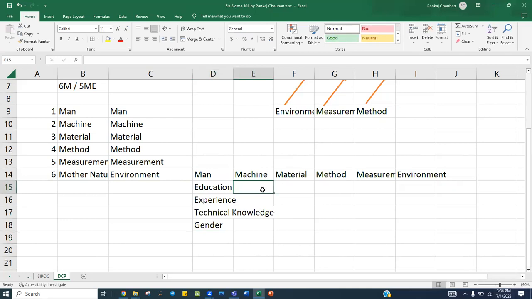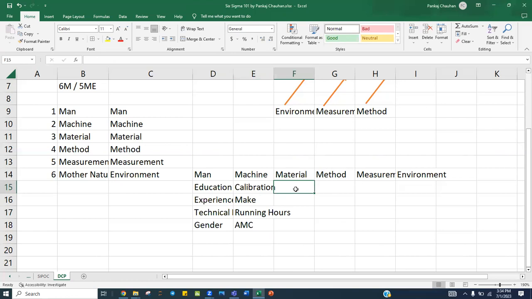Machine related, maybe calibration is one of the reasons. Maybe the make is one of the reasons. Maybe the running hours, maybe the AMC. All right.